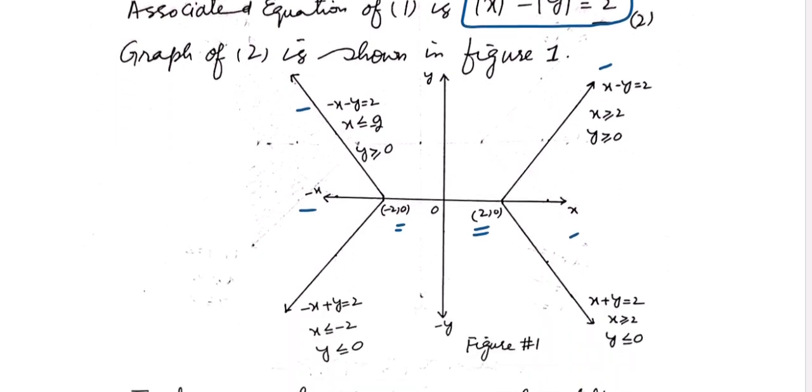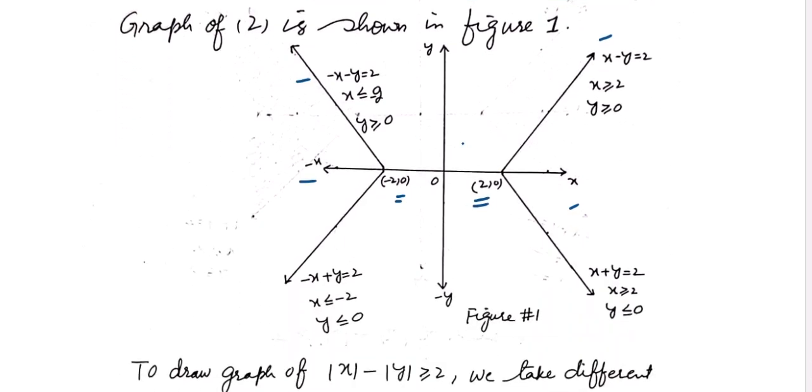Now similarly, as in question number 1, we again have four regions. This is the first region, which lies in the first and fourth quadrants between the lines. This is my second region, which lies in the first and second quadrants above the x-axis and between the lines.